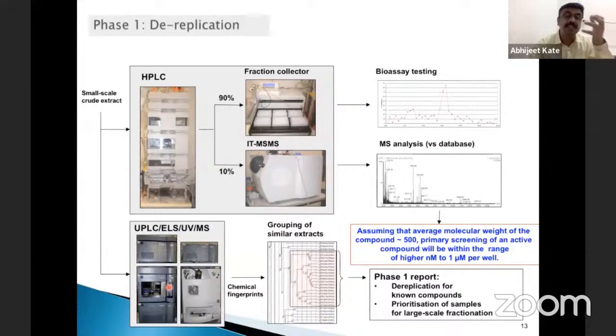So we get the same kind of separation, or better separation, in a small amount of time. Earlier maybe a 30-minute runtime, here we can reduce to a 6-minute or 7-minute runtime. Right? And so we can cluster similar profiles and group them, or call it a chemical fingerprint present in the extract. Then we can club them, and select one of them based on the yield.